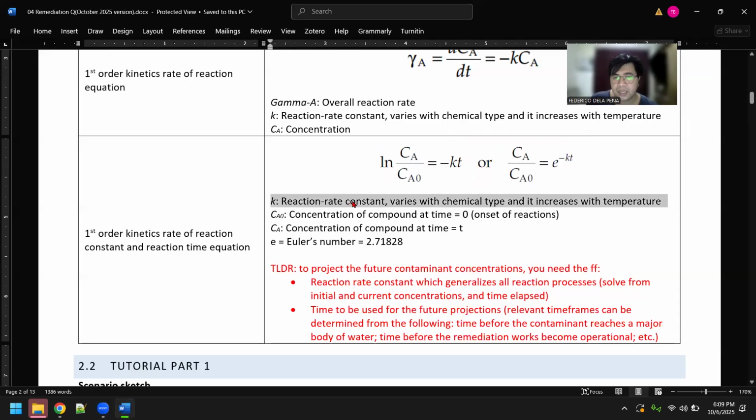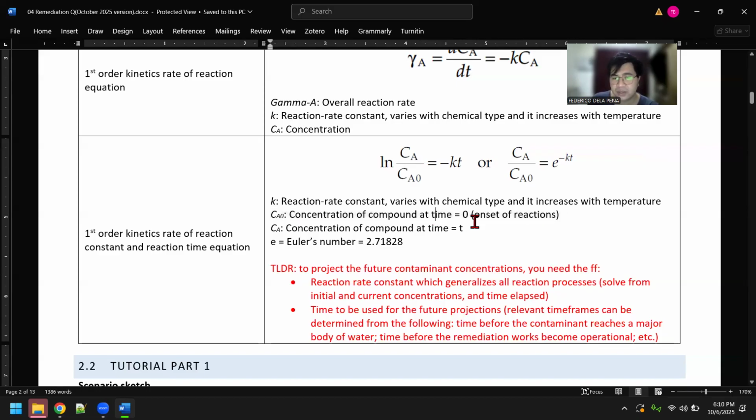Right? k is your reaction rate constant. Usually depends on the chemical, but this is usually determined from at least two measurement points of concentrations at two different times, usually maybe weeks or months in between.